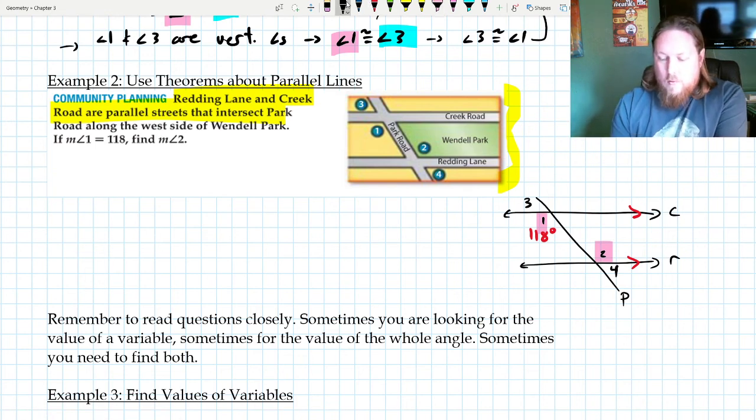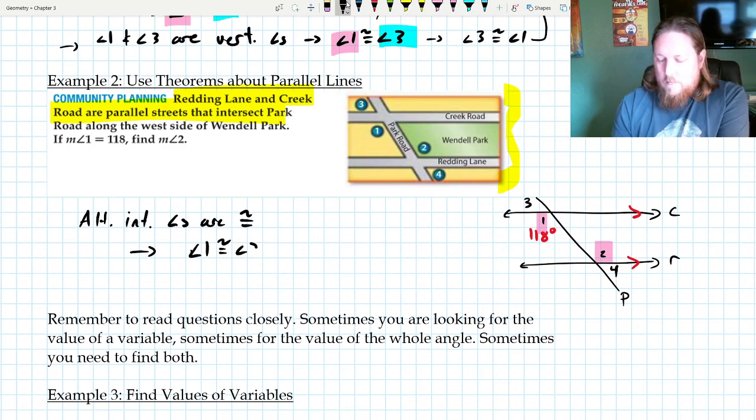So I would know that alternate interior angles are congruent, which is going to tell me angle 1 is congruent to angle 2. So angle 2 has the same measure as angle 1. It's 118 degrees.